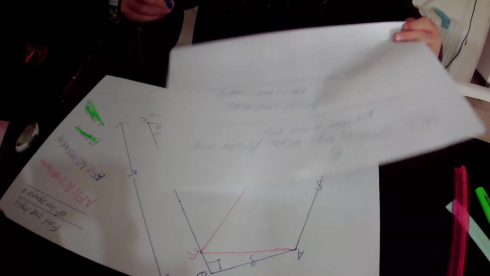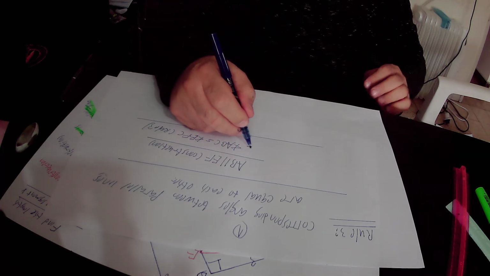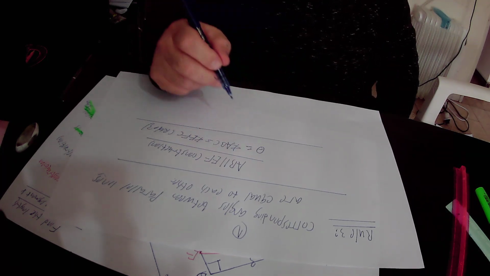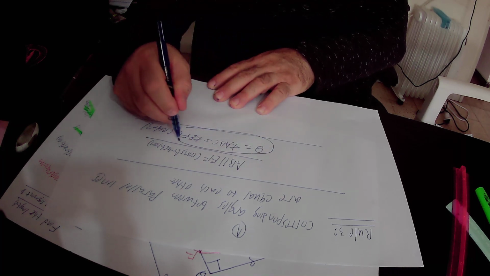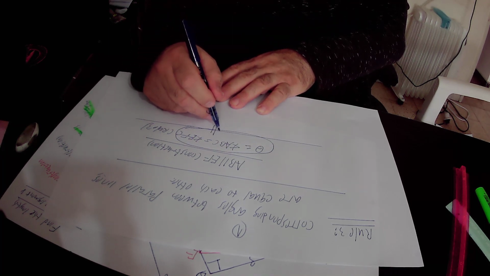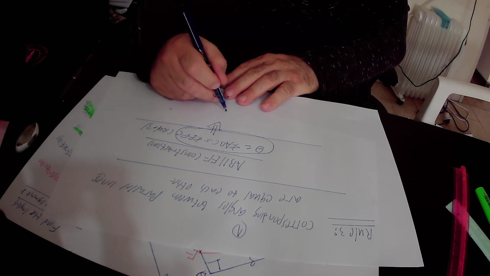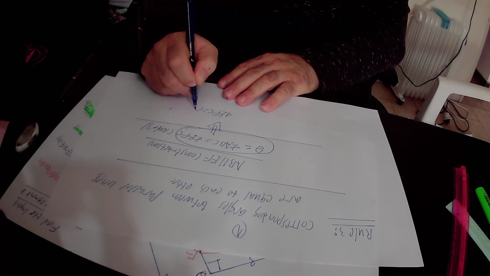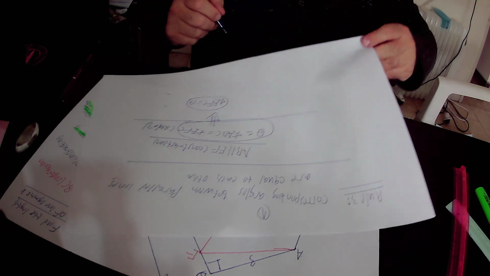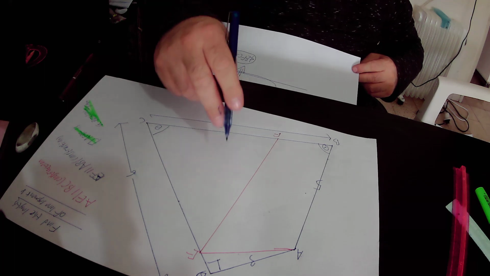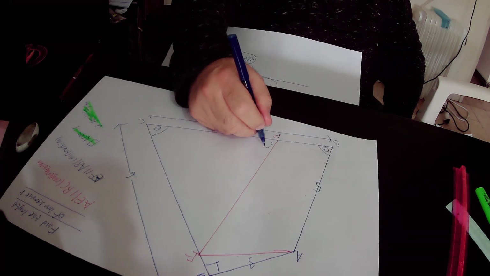So theta equals angle ABC equals angle EFC, and we will derive that angle EFC is also equal to theta. So you can write here that angle EFC equals theta.